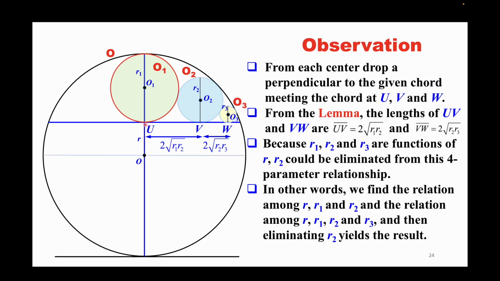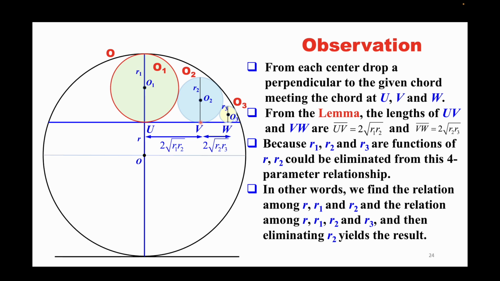Look at here from the lemma. The distance between this tangent point U of O1 and V, the tangent point of O2 on the chord, the distance UV, or the length between U and V, is 2 times the square root of R1 times R2.